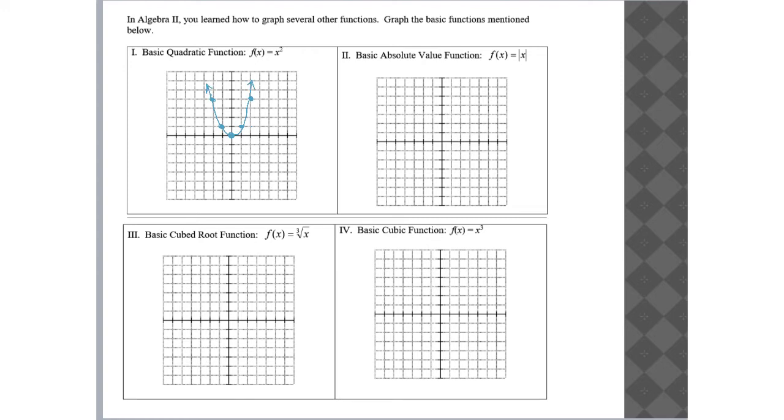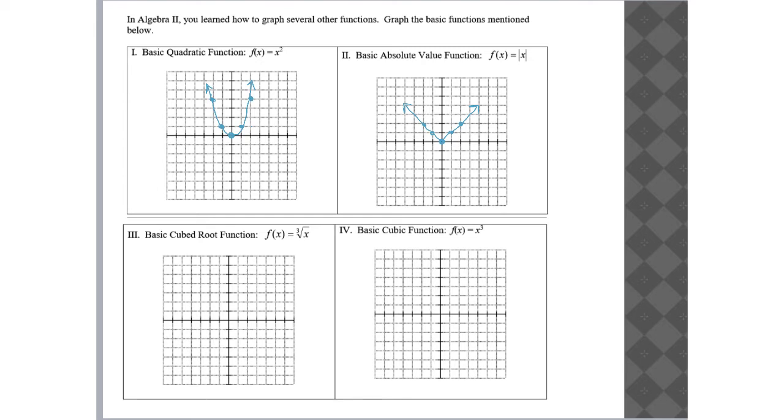All right, with the absolute value, remember that did make a V shape. It was at 0, 0 and 1, 1, negative 1, 1. Now do be careful with this. We do want to maintain that V shape. So do your best to make sure this does come to a sharp point here, that is important, and we'll see the differences and why we want a sharp point and a curved point later on.